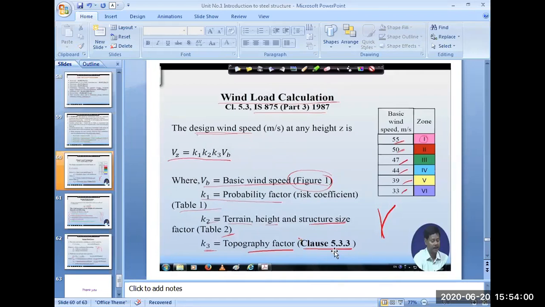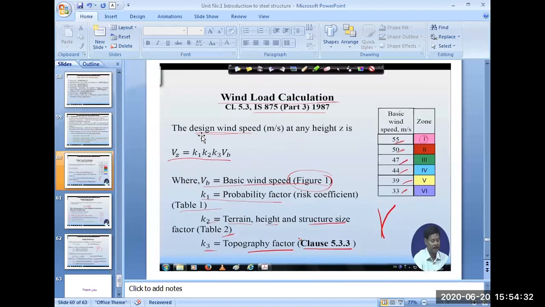That is again given in IS 875 part 3, clause number 5.3.3. Here the topography factors are given. So K1, K2, K3 values we can take from IS 875 part 3, and VB we can take from the steel table. So with the help of these 4 parameters VB, K1, K2, K3, you can find out VZ equal to K1 into K2 into K3 into VB.